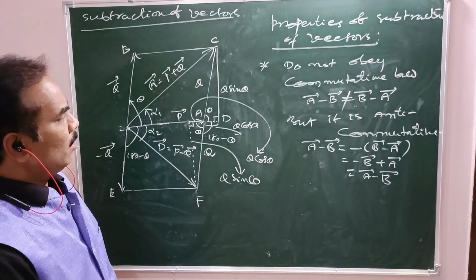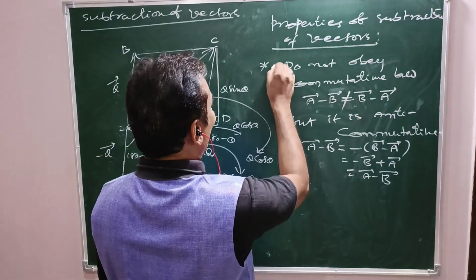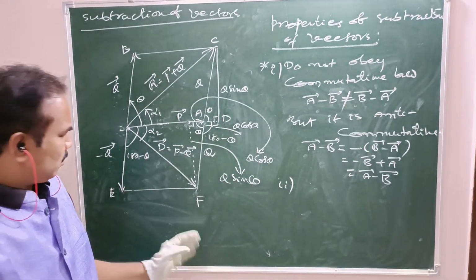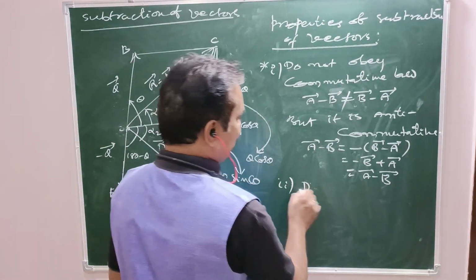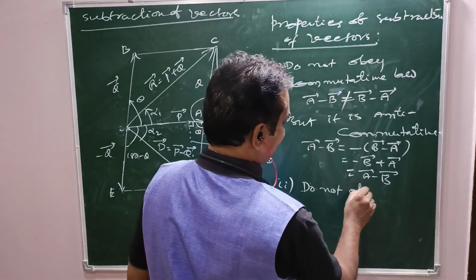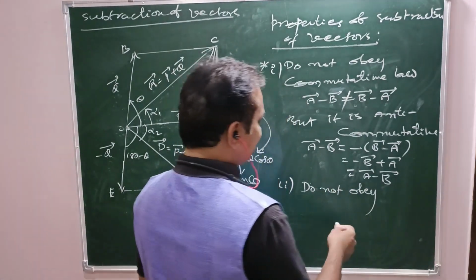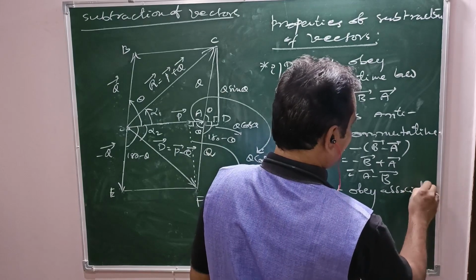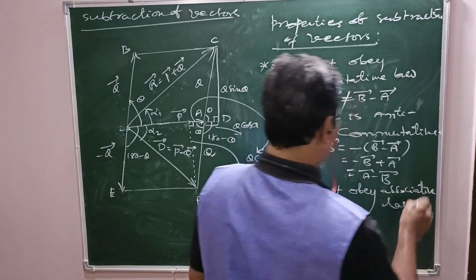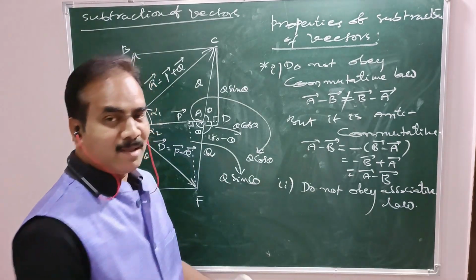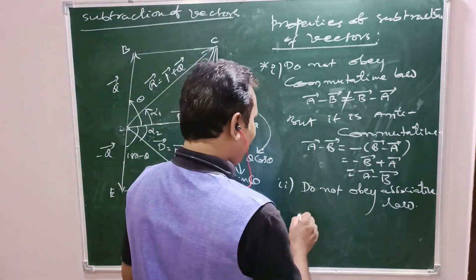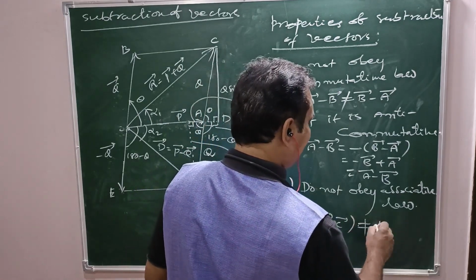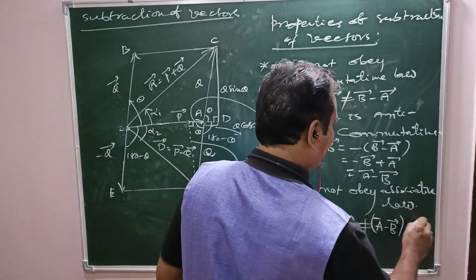Now coming to the associative law. Number 2. Subtraction of vectors also does not obey the associative law. It means if A bar, B bar and C bar are 3 vectors, then A bar minus (B bar minus C bar) is not equal to (A bar minus B bar) minus C bar.